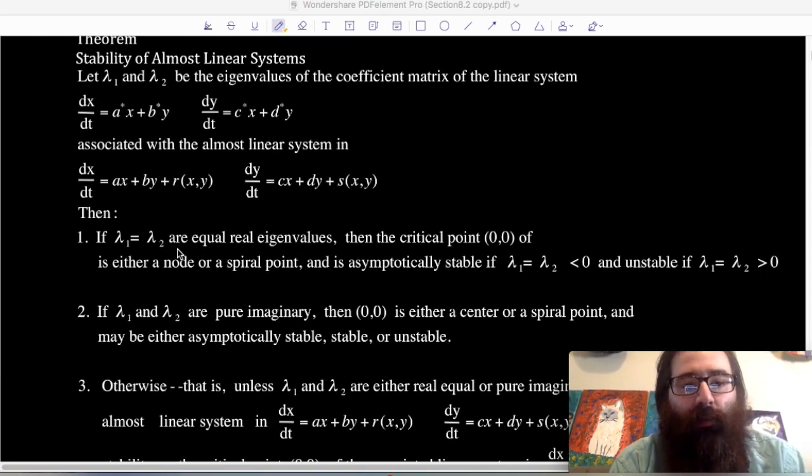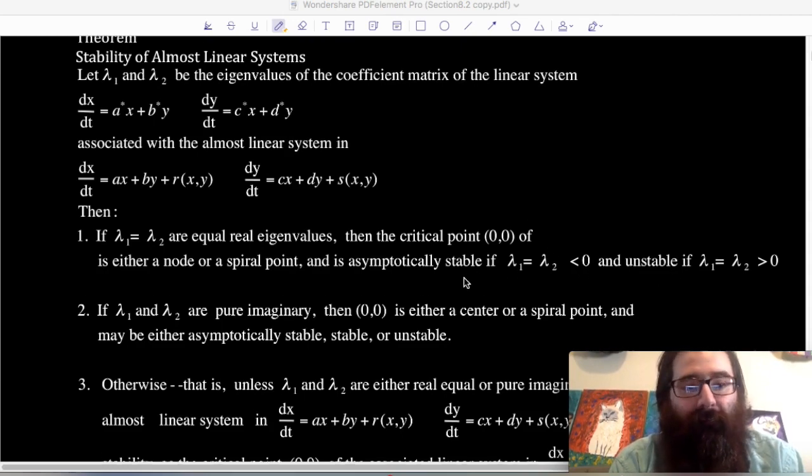Then if lambda sub 1 is equal to lambda sub 2, and these are equal real eigenvalues, the critical point (0, 0) is either a node or a spiral point and is asymptotically stable if lambda sub 1 and lambda sub 2 are negative and unstable if positive.